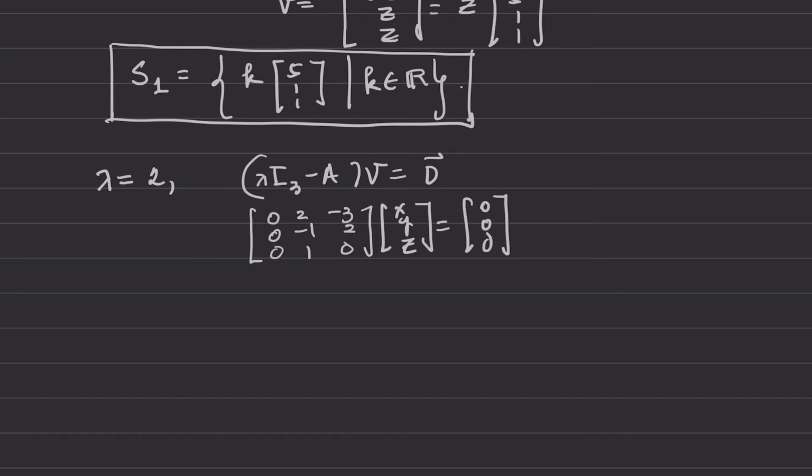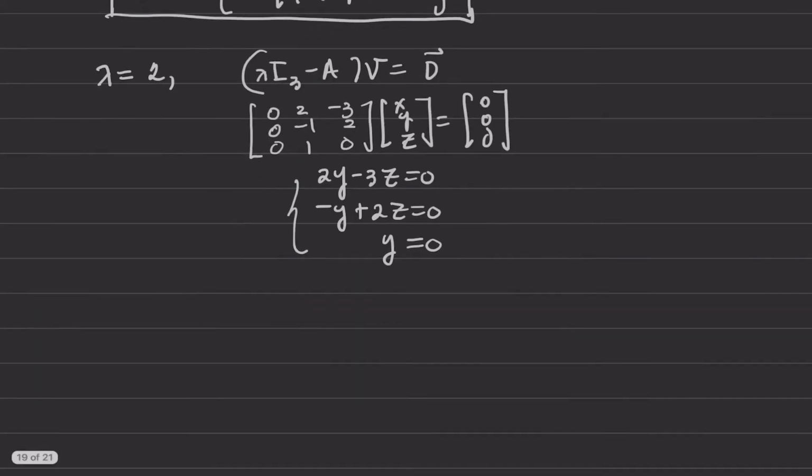Okay, so, compute na natin ito. So, meron tayong 2y minus 3z is 0. Negative y plus 2z is 0. Tapos, y is equal to 0. Okay, so, ano mangyayari ba dito? Y is 0. Pag pinlug in mo dito yung y equal to 0, meron kang 2z equal to 0 or z equal to 0.